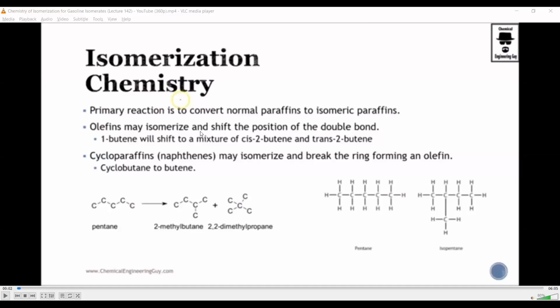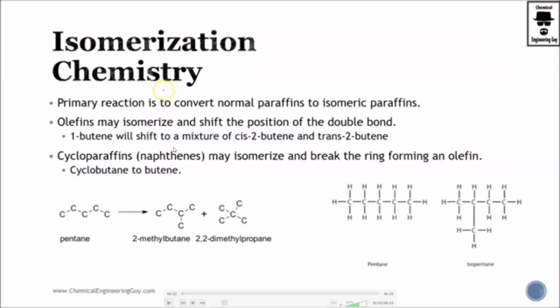Okay, here you can see the video screen. It's about isomerization and its chemistry behind it.